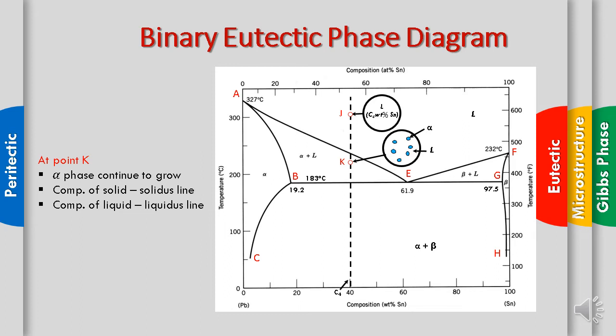Here we can determine the composition of alpha and liquid by using the tie line. We make the intersection here, and also here. For alpha, we get the value from the projection downward until here, and for the liquid we make a projection until here, so we get the composition of alpha and liquid.